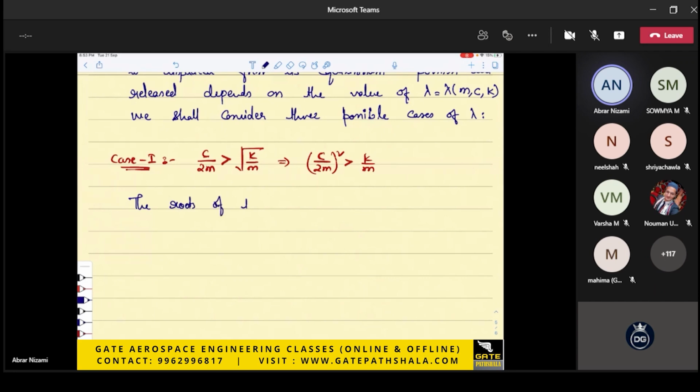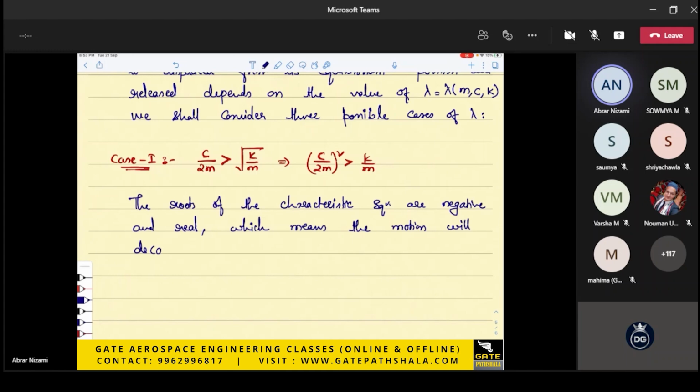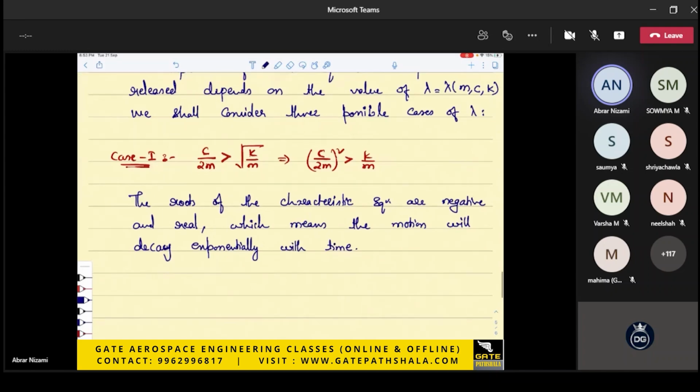The roots of the characteristic equation are negative and real, which means the motion will decay exponentially with time.